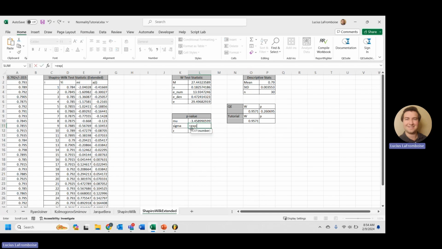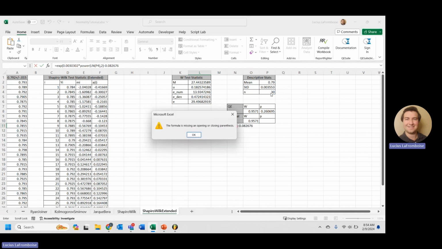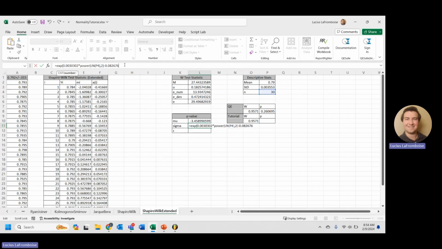Now we're going to do sigma. Sigma equals exp of 0.0030302 times power natural log of n squared, then minus 0.082676 times, got it. Okay, let's double check.